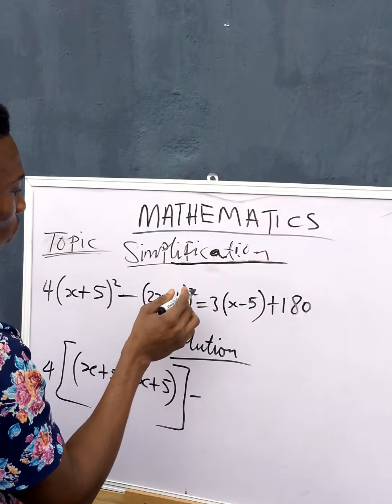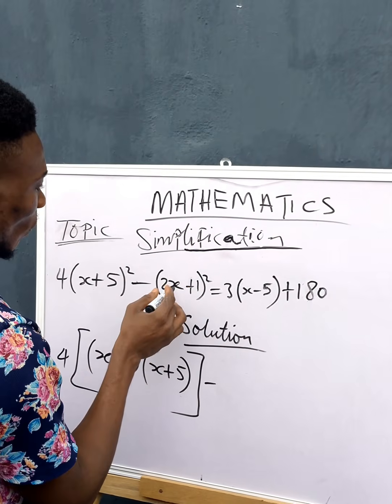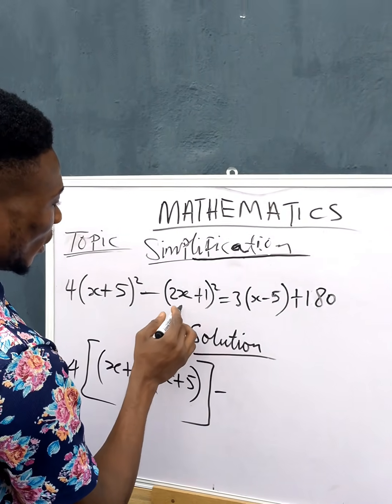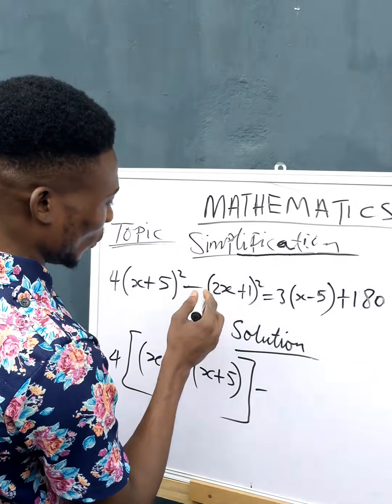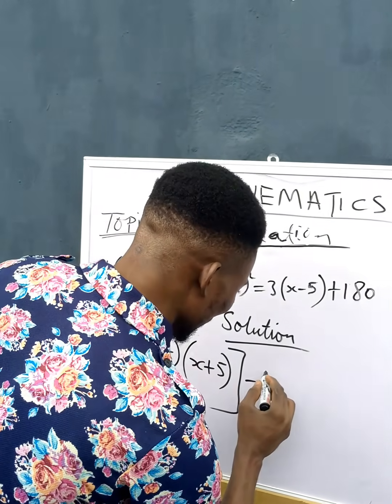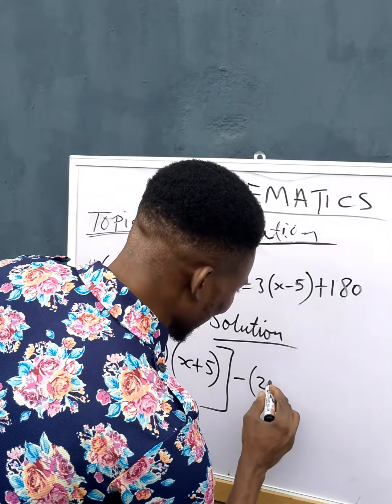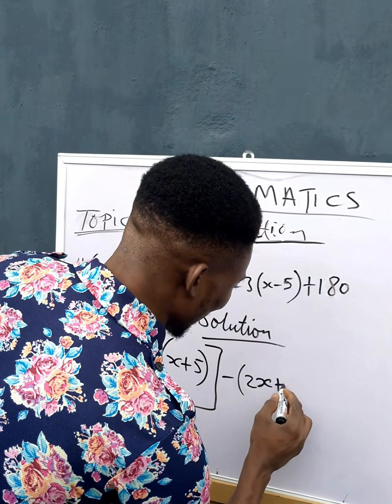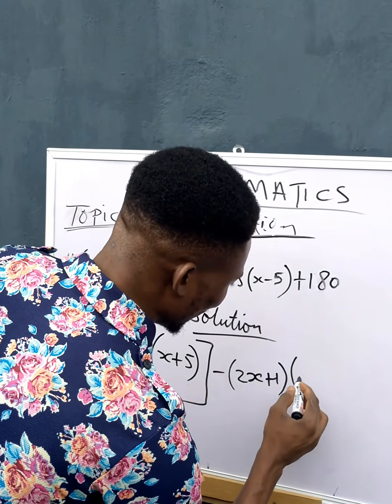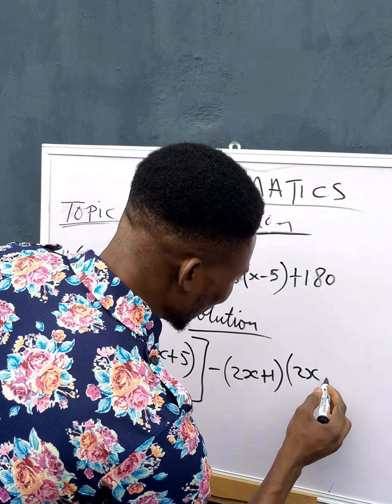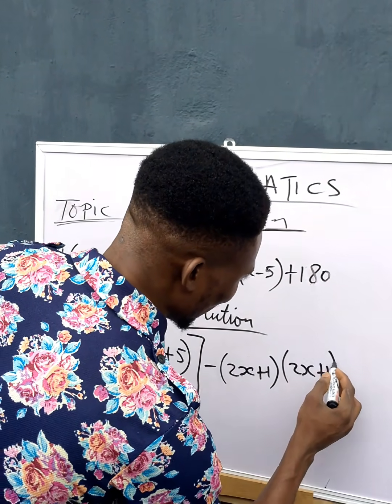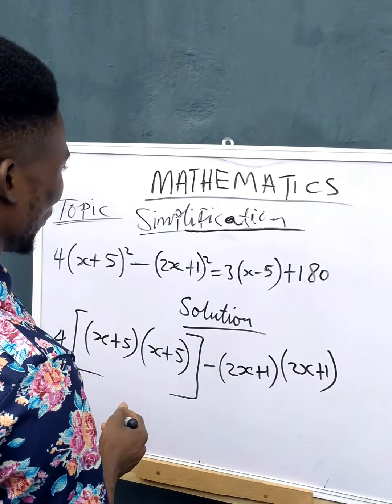Whenever you see any square root like this, you know that this particular box is 2. So that means we have 2x plus 1. Open under bracket 2x plus 1. That is how it works.